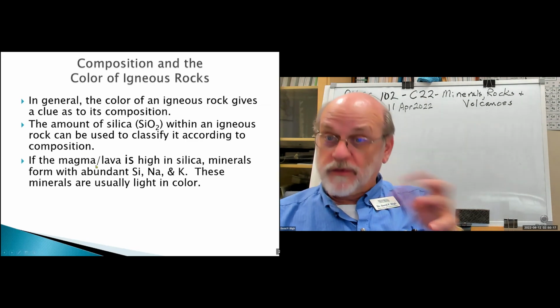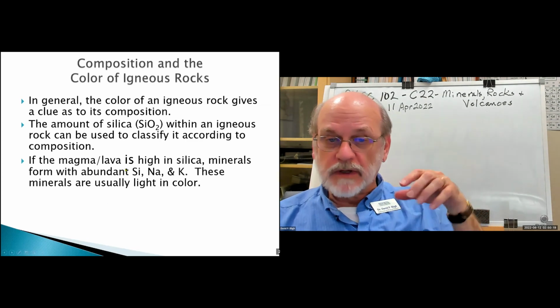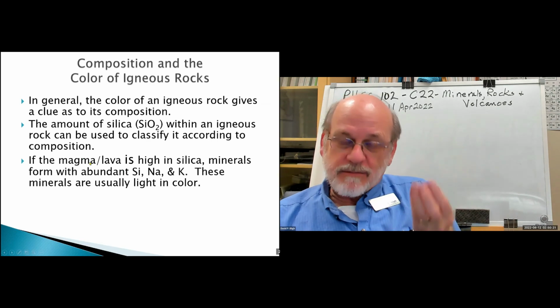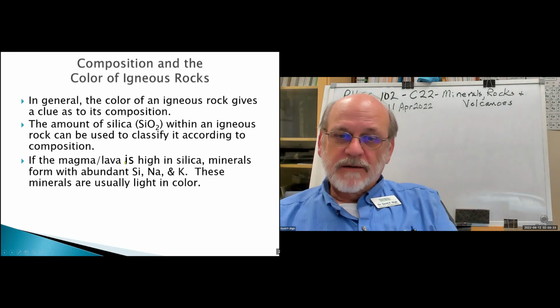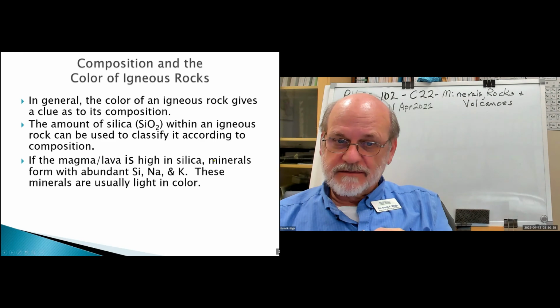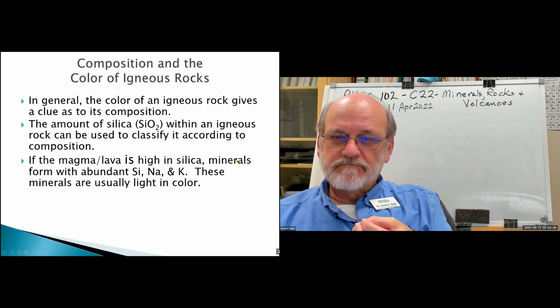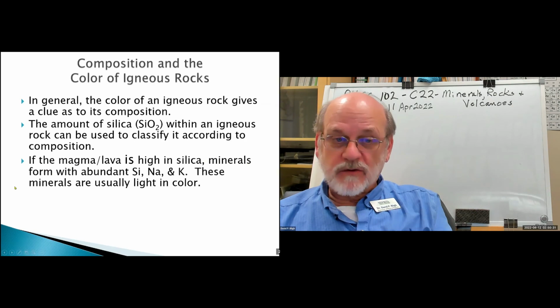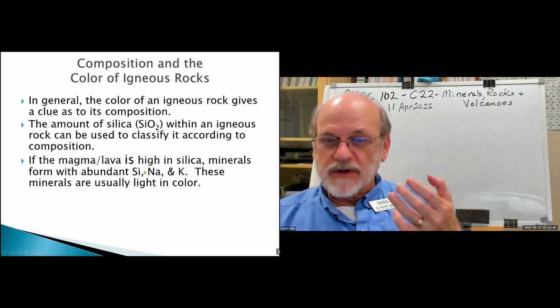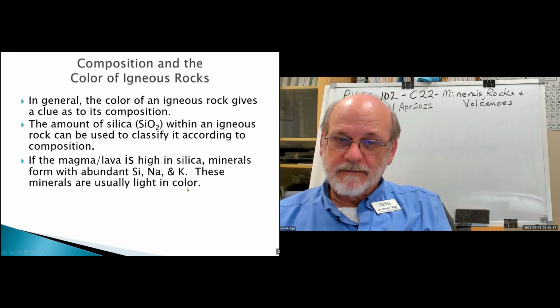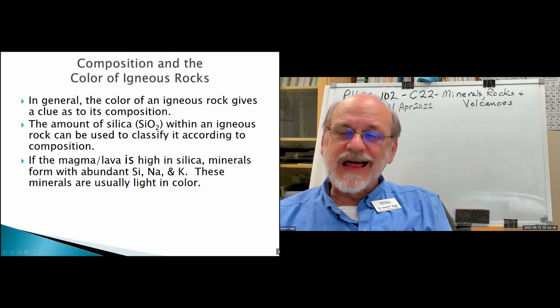If the magma or the lava, they can form, either one can form from the same source. If it's high in silica, silica minerals with abundant, obviously silicon, but sodium and potassium, these minerals are usually light in color.